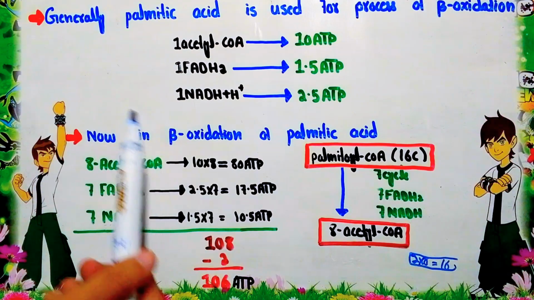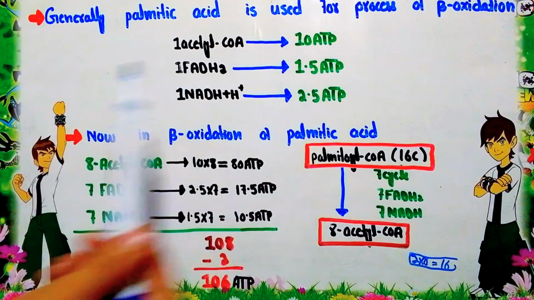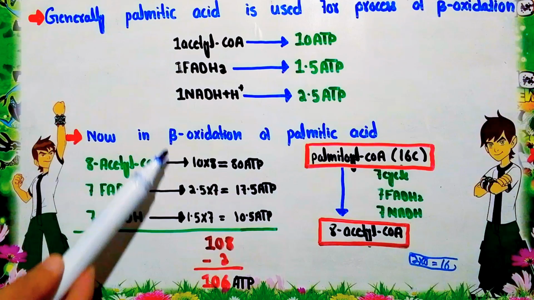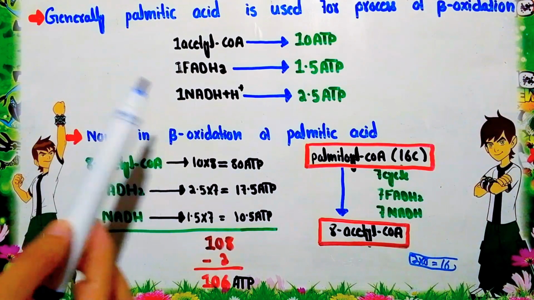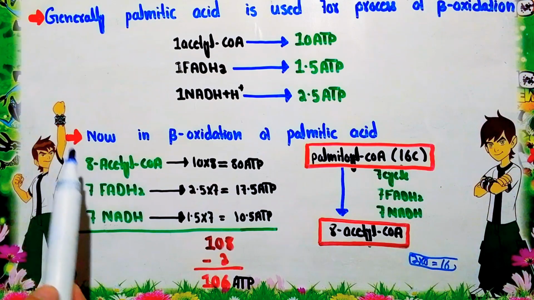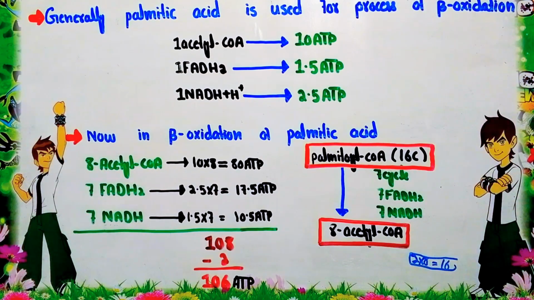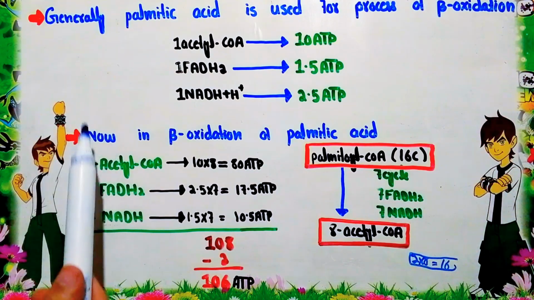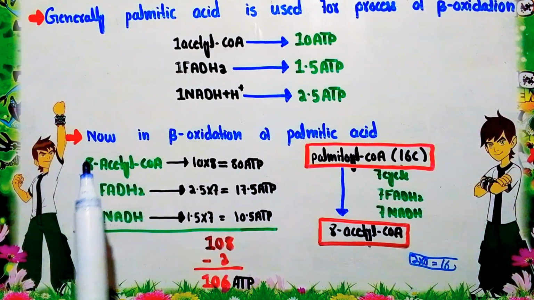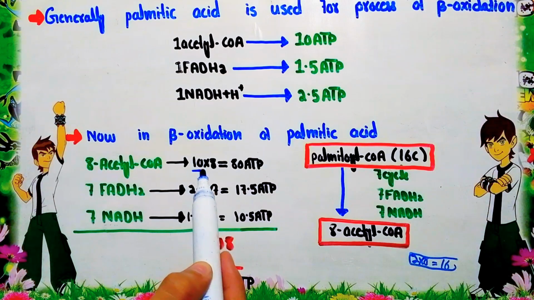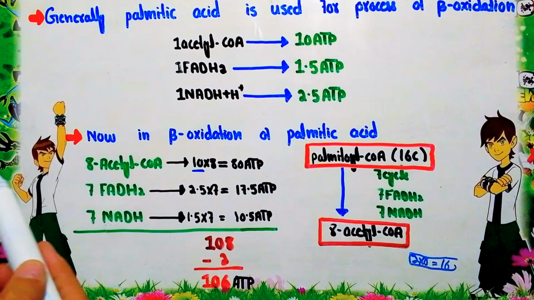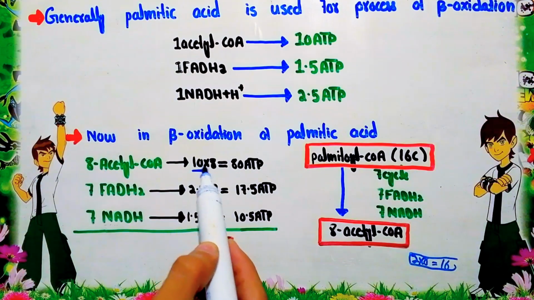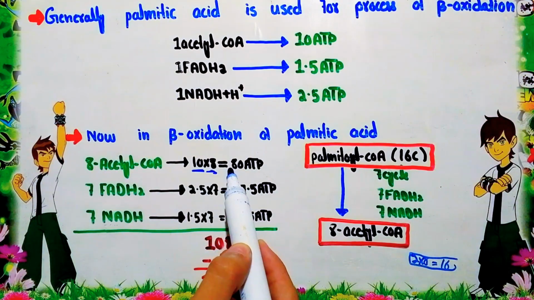Now we will calculate how many ATP are produced through beta oxidation of palmitic acid. 8 molecules of acetyl coenzyme A are produced, and one acetyl coenzyme A produces 10 ATP through the Krebs cycle. So simply 10 is multiplied by 8, and finally we get 80 ATP.